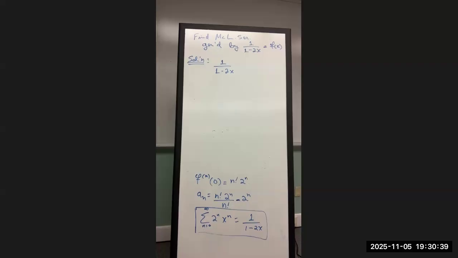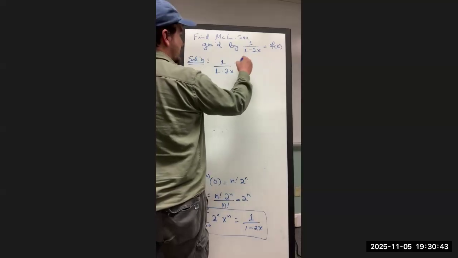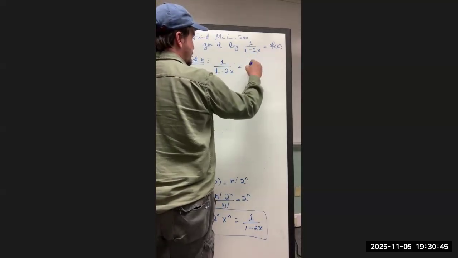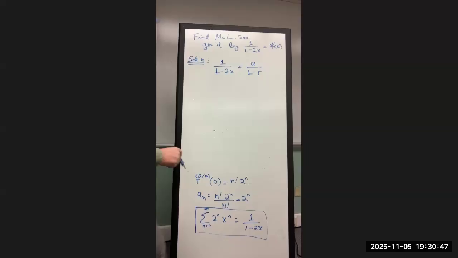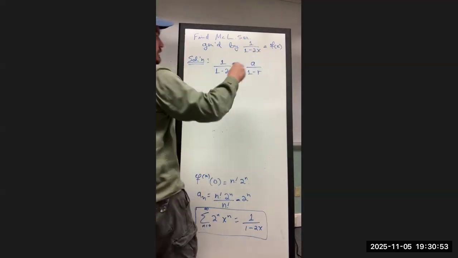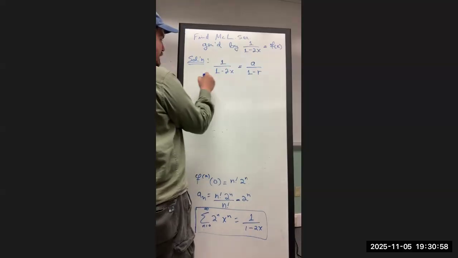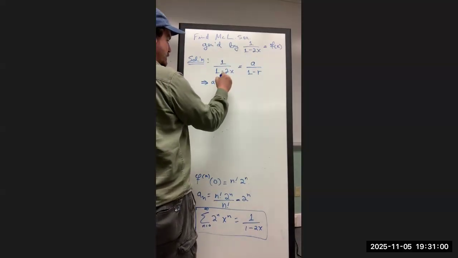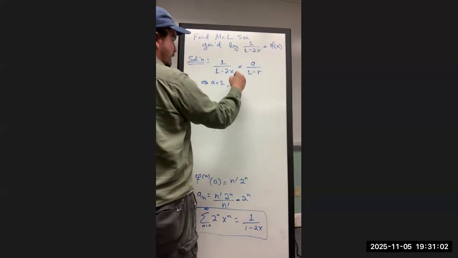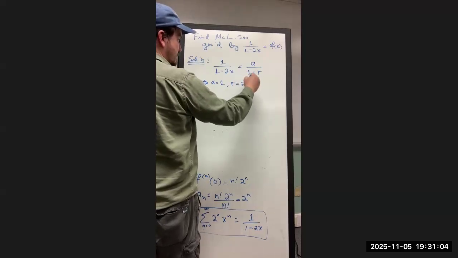How do I see that? In general, the limit of a geometric series is this, right? So if I'm comparing these two things, then that implies that a equals 1 and r equals 2x.